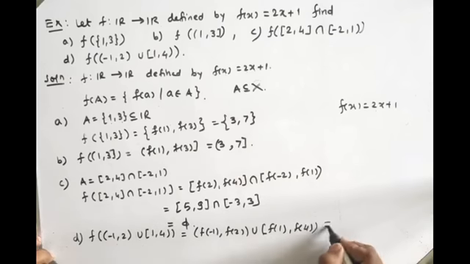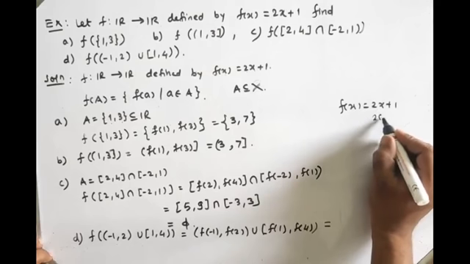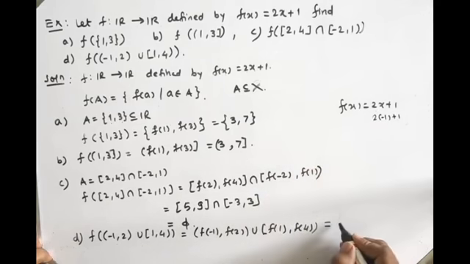So what will I get? f of -1: -1 means 2 into -1 plus 1, which is -1.